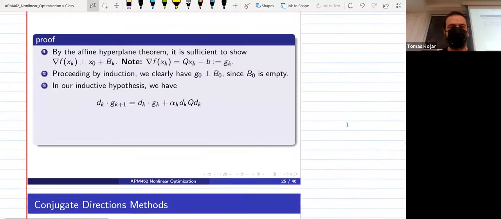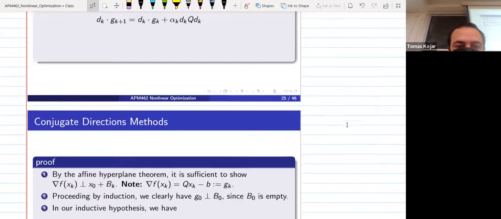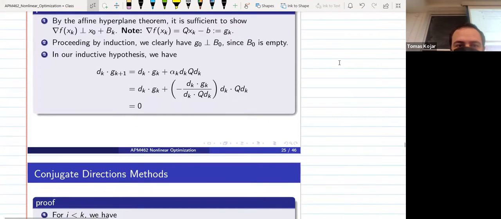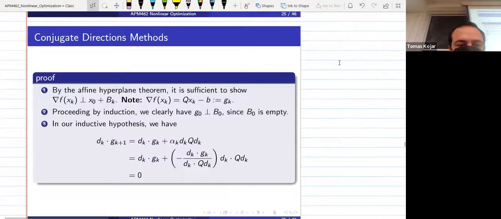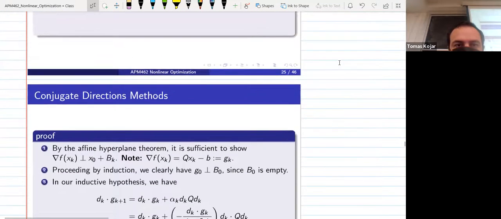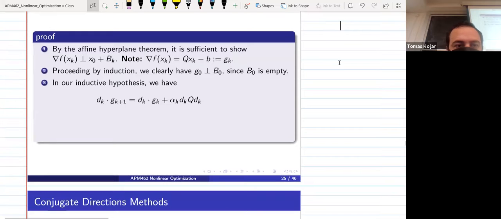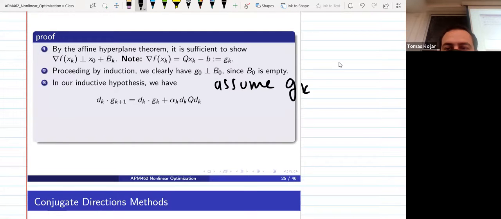Now, induction hypothesis. Our induction hypothesis is the following. Assume that g_k dotted with a guy from B_k.